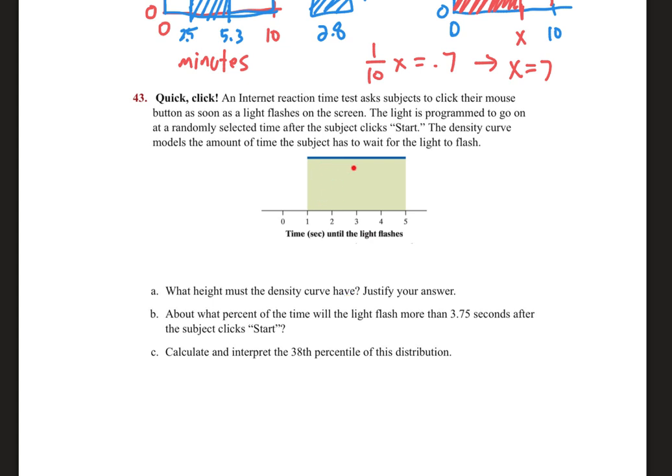This area has to be 1, and it's a rectangle. So length times height has to be 1. We know this length is 4, just 5 minus 1, so this height has to be 1/4. So this height up here is 1/4.